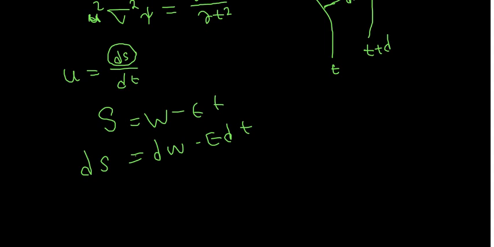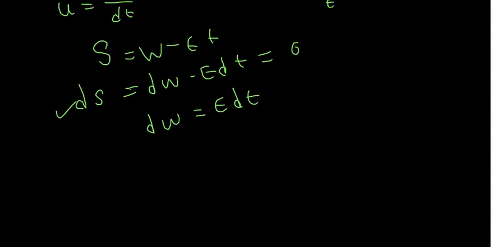Like we said, ds is equal to 0, so that all equals 0. So dW equals E dt. But actually, the value of dW is nothing more than the norm of the gradient of this function W times ds.